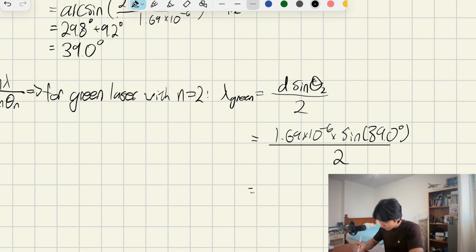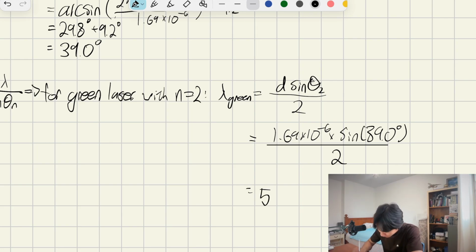So I get, I'll just write in scientific form first, 5.32 times 10 to the power minus 7 meters, which we can write 532 nanometers, right?